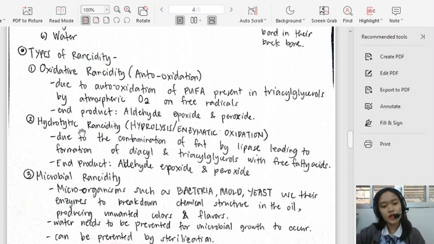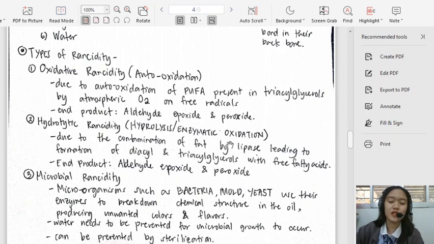Next, for this hydrolytic rancidity, you can also use water. Earlier in oxidative it was oxygen; here it is water, the presence of water, or the presence of enzymes like lipase. Remember, lipase is very specific to lipids. What your lipase digests or catalyzes is only lipid.